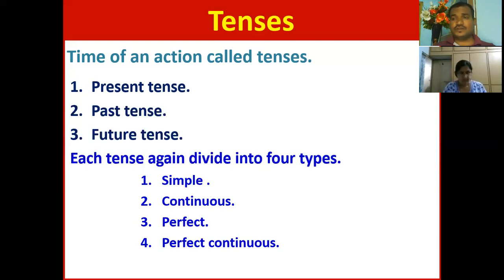And the fourth one is perfect continuous: present perfect continuous, past perfect continuous, and future perfect continuous. So altogether, 3 main tenses divided into 4 subcategories in each tense. So altogether we have 12 tenses.